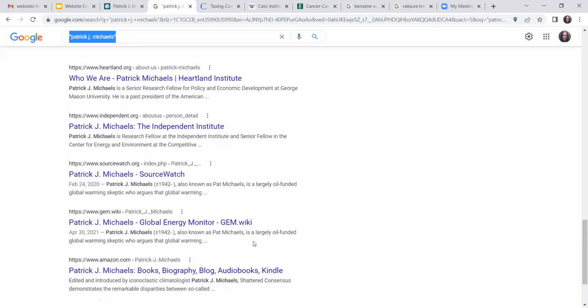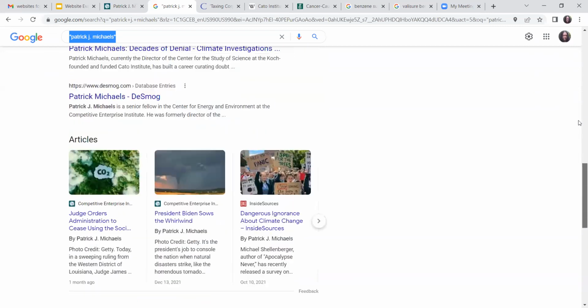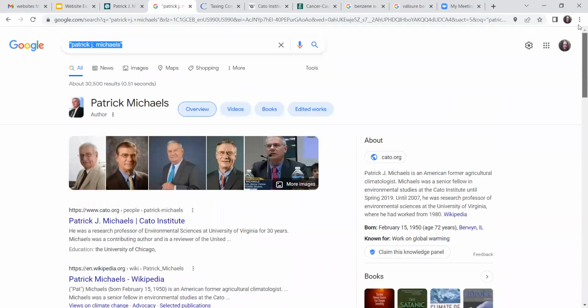The next one is, again, an oil-funded global warming skeptic. So these are kind of hints that you might want to look again for him as an author, because he might be a biased source if he really is funded by fossil fuel companies. And I would check the Wikipedia article on that as well.